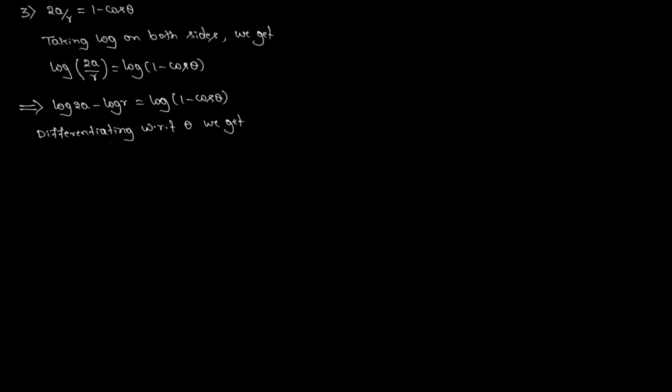Differentiating with respect to theta on both sides, we get differentiation of log 2a will be 0 because 2a is constant, therefore log 2a will also be constant. Differentiation of any constant is 0.